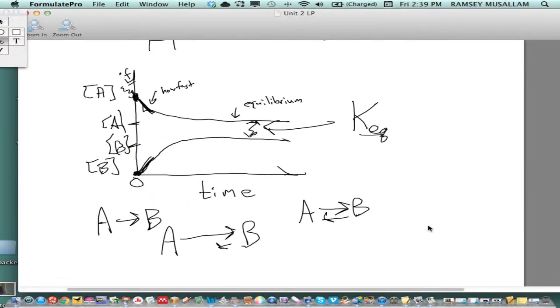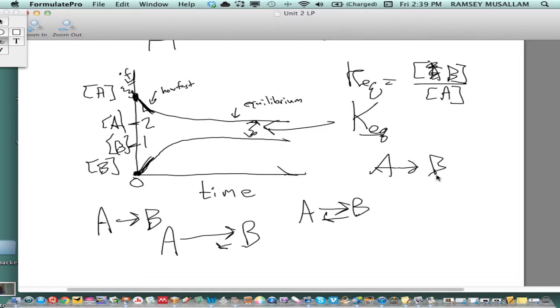Conceptually, let's say the concentration of A is 2, and let's say the concentration of B is 1 at equilibrium, okay? So let's say that this value here is 2 and this is 1. For this reaction, it's B over A, because the reaction was A goes to B. You guys with me on that?